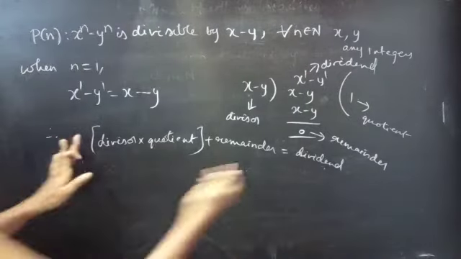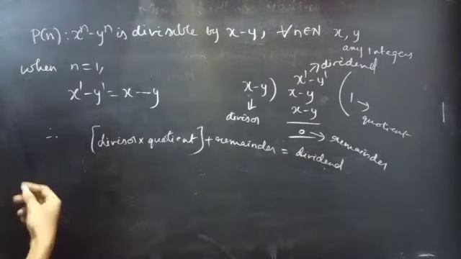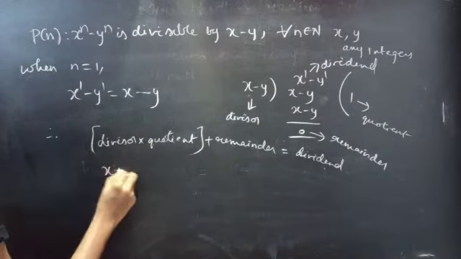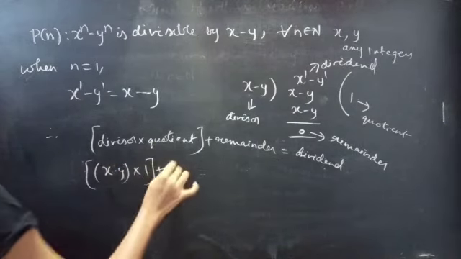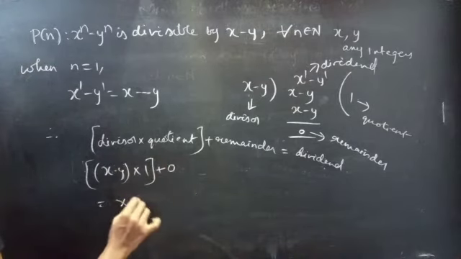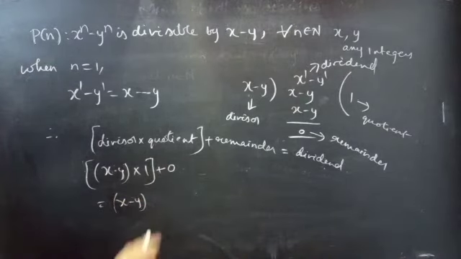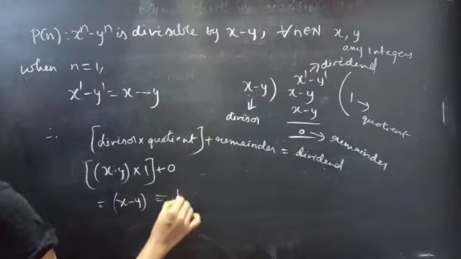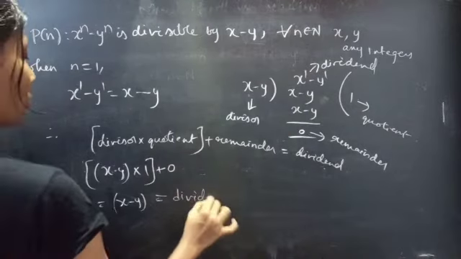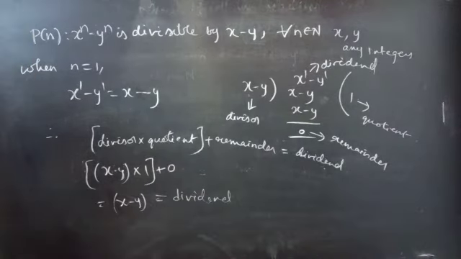Now let's check whether LHS equals to RHS or not. So divisor into quotient plus remainder equals to x minus y into 1 is x minus y plus 0 is x minus y, which is our dividend, right?